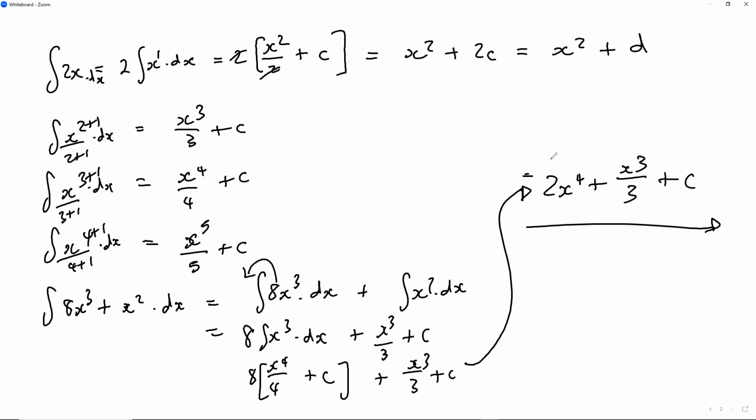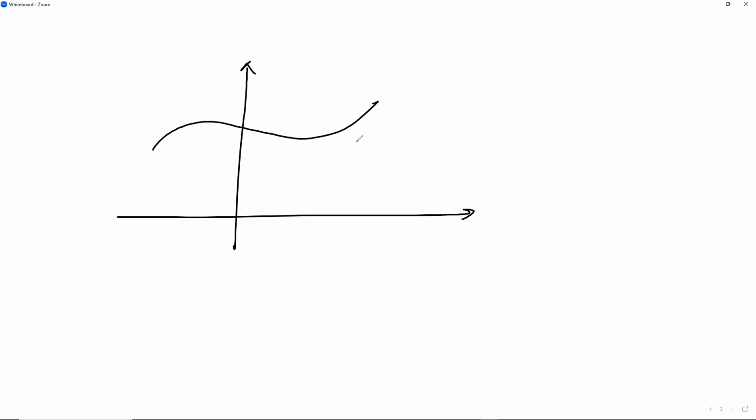Okay, we've done the reverse for each of those bits. Now integration is basically the area underneath the graph. So if I have my y-axis and I have my x-axis and I have a starting point, let's say A, and an ending point B, then what we call this is a definite integral.